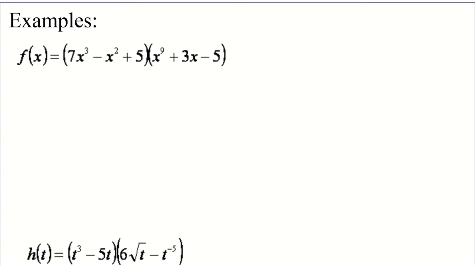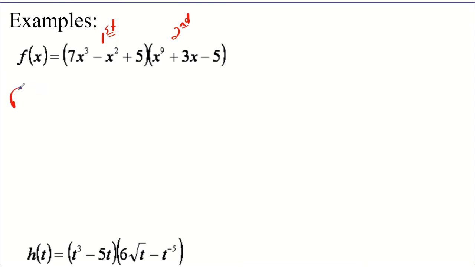So avoid going back and saying, oh, I'm really good at power rule, I'm just going to do everything with power rule. That's not going to work in many, many situations you're going to encounter. So this will be my first factor, and this will be my second factor. What I'm going to do is use the product rule.